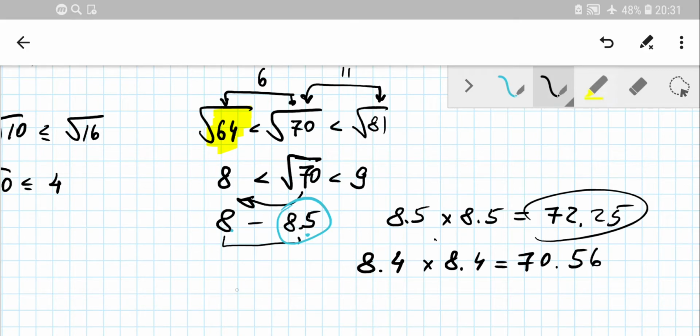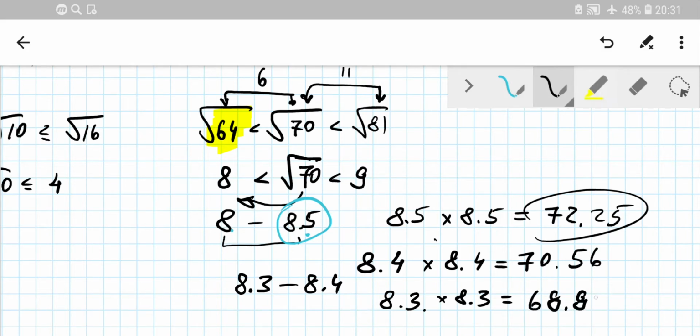So now you know that your value definitely is between 8.3 and 8.4. And if you're satisfied, you can also check what 8.3 gives if you multiply those two decimals. If you do that, you'll get 68.89.